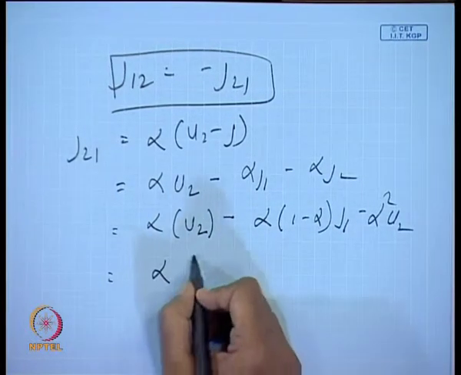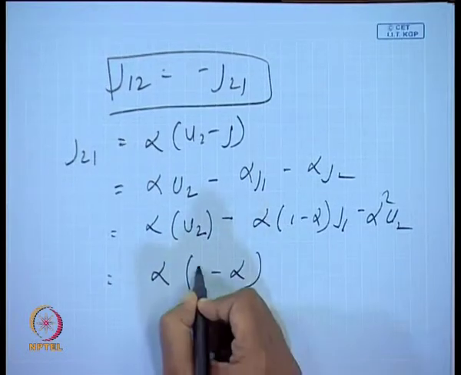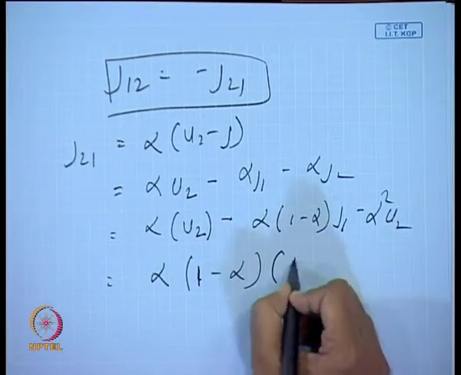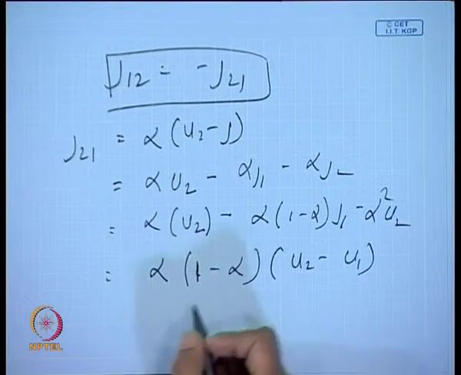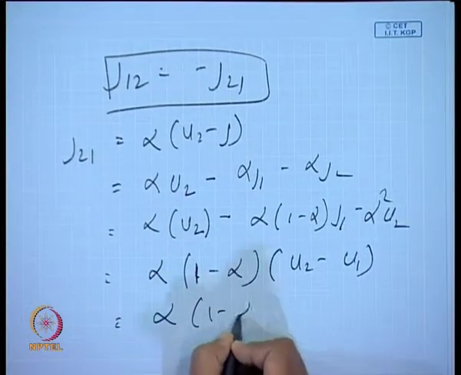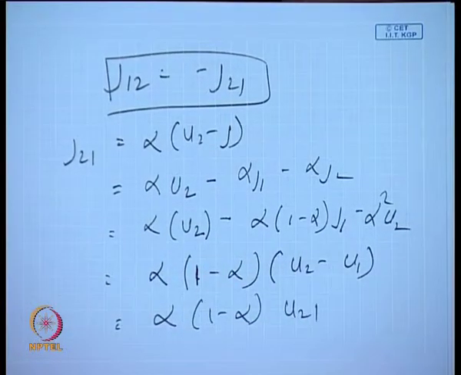Or in other words, we can write it down as alpha into 1 minus alpha u2 minus u1. Agreed? Or in other words, we can write it down as alpha into 1 minus alpha u21.